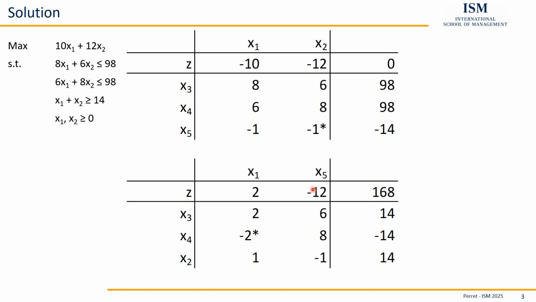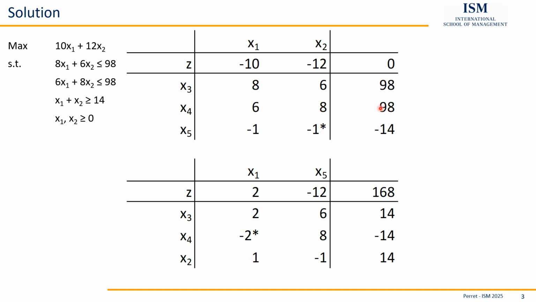For all other values, I'm going to use a rectangle scheme, meaning, for example, if I want to change this 98, I'm going to take this as one corner of a rectangle and the pivot element as the opposing corner. So this rectangle would look like this.